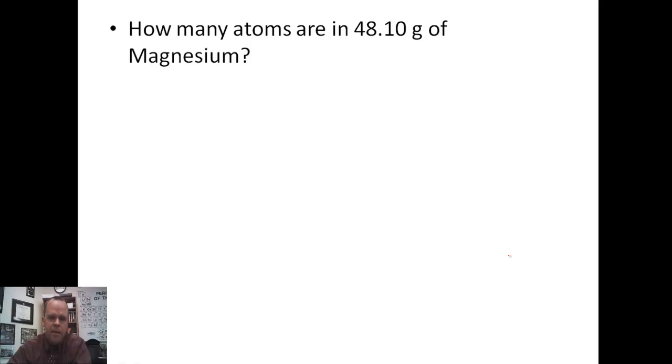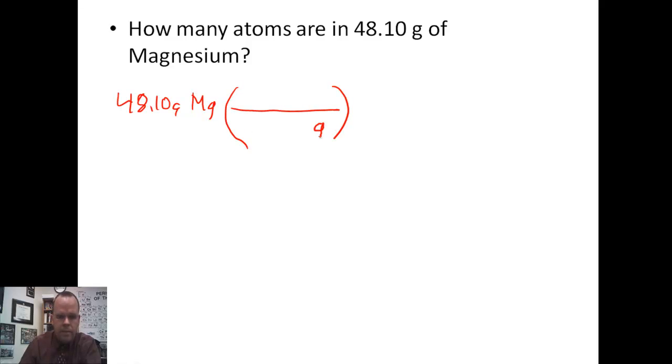So the first problem here, how many atoms are in 48.10 grams of magnesium? So in this case, we're taking 48.10 grams magnesium. We want to get rid of grams. We can't convert straight from grams to atoms. There's no conversion that goes directly from grams to atoms.